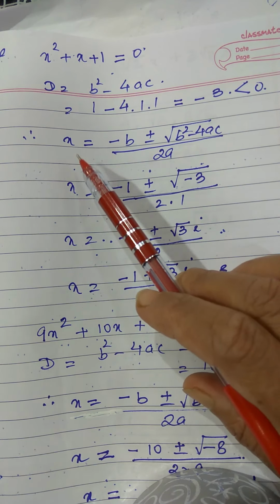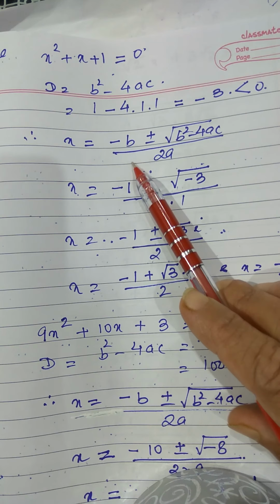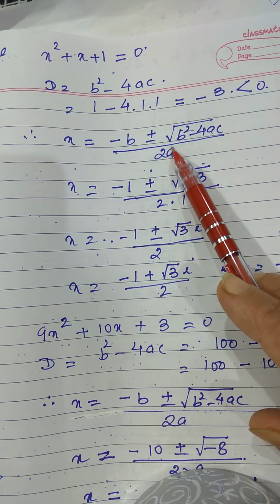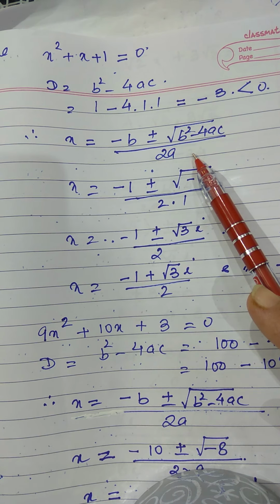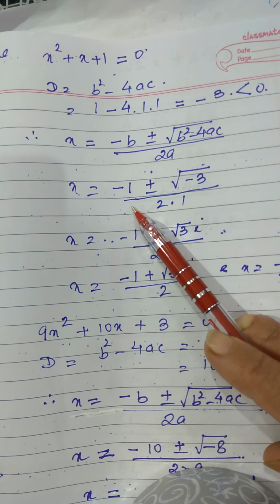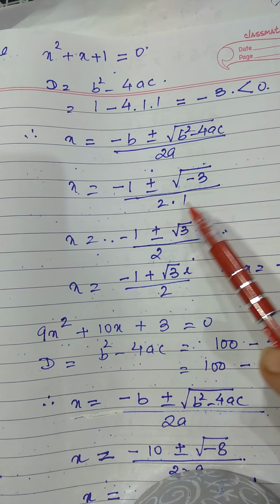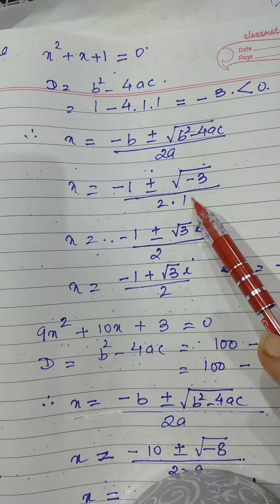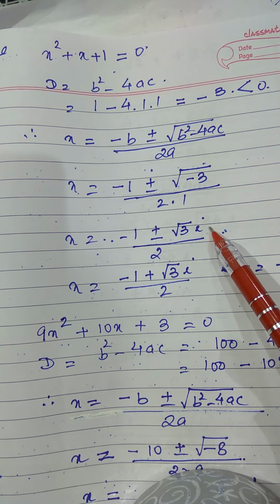So the solution is x is equal to minus b plus minus root b square minus 4ac upon 2a. So this is minus 1 plus minus root minus 3 upon 2a. A is 1. So this is minus 1 plus minus root 3 iota.